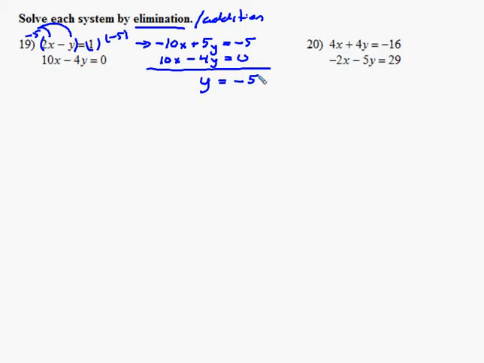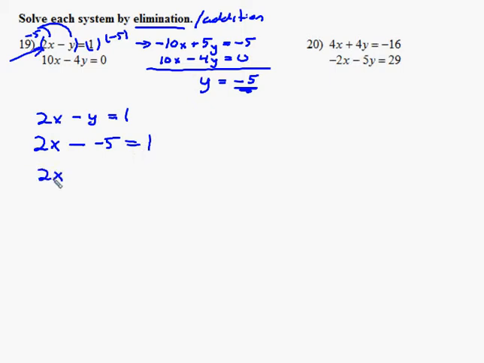We're going to go ahead and use this -5 and put it back into either one of the original equations. So let's just take the first equation, and we're going to do that to find x. So we have 2x minus y equals 1. That's our original first equation. And I know now that y is -5, so I can put 2x minus y, well, y was -5, equals 1.